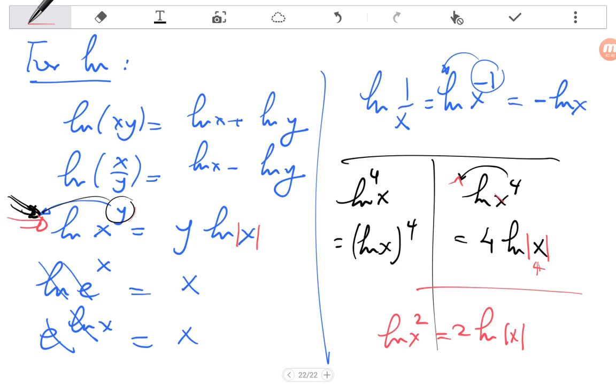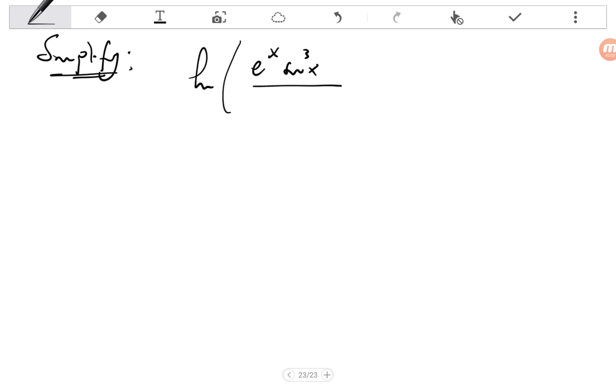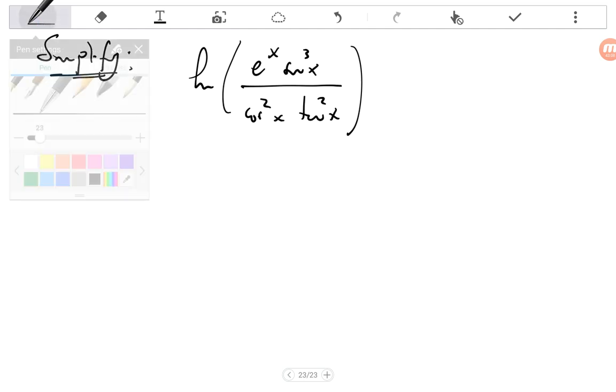Now let's check a quick example. If he asks me to simplify ln of e to the power x, sine cubed x over cosine squared x, tan squared x. We need to simplify this expression. How to simplify it?